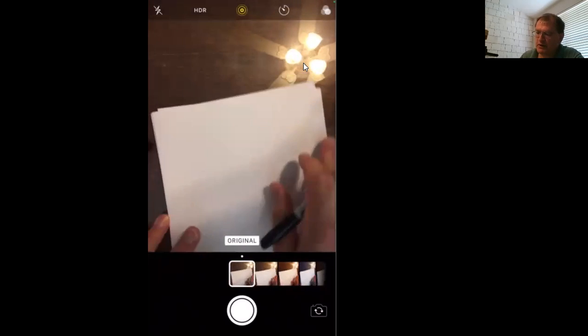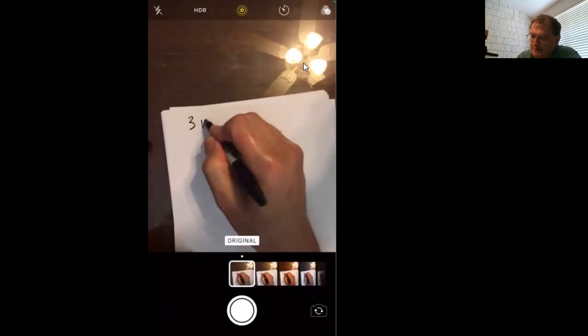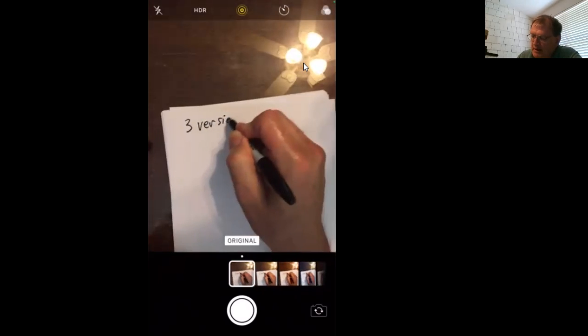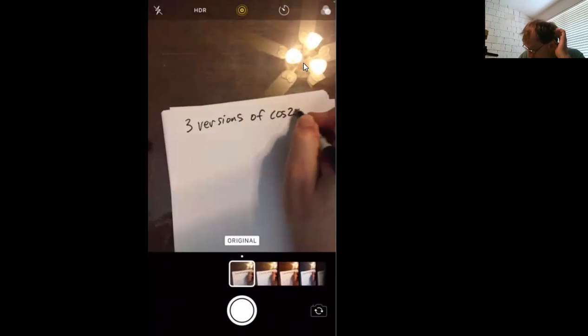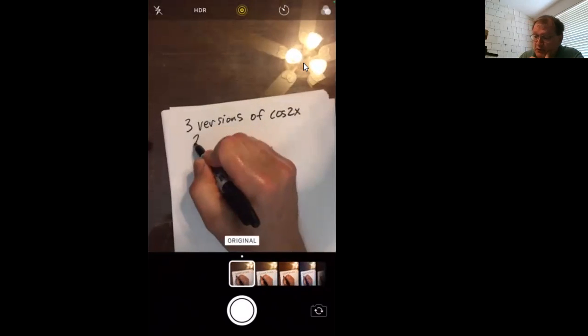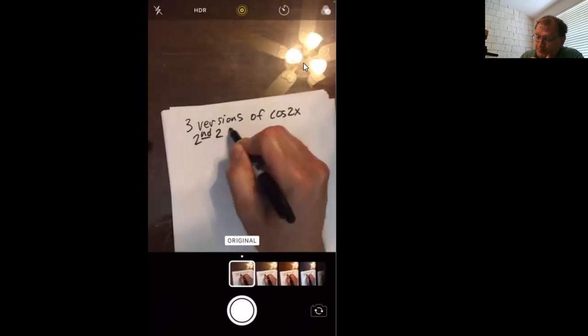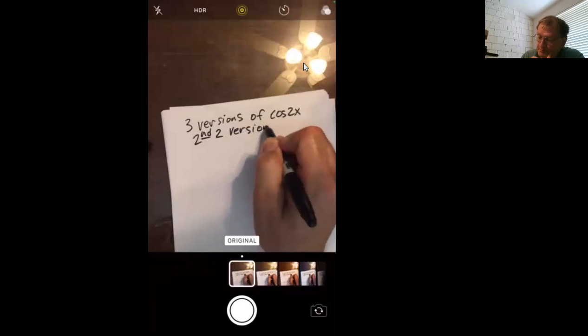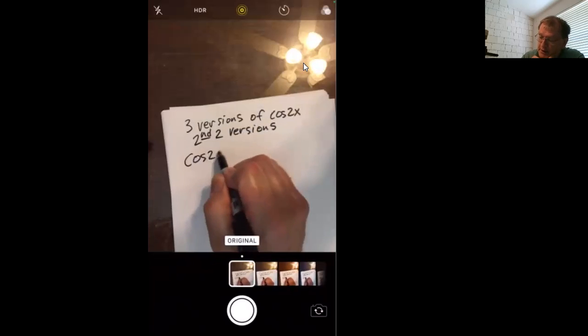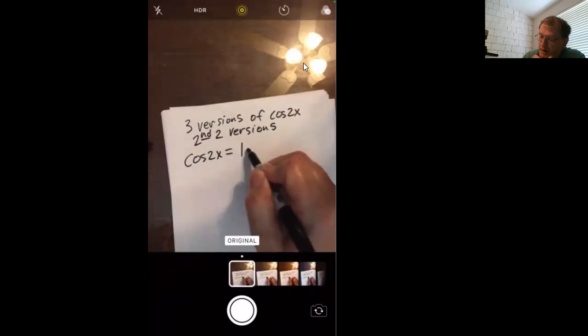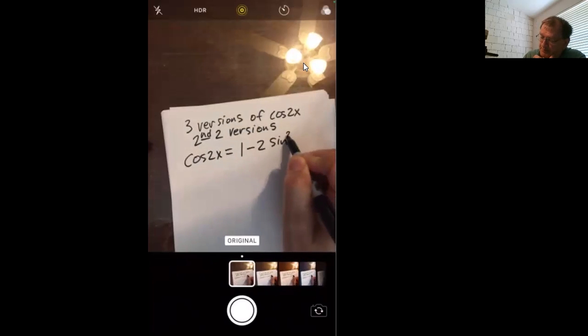Okay, so this really starts with the three versions of cosine 2x. Really, the second two versions. So we had cosine of 2x equals 1 minus twice sine squared.